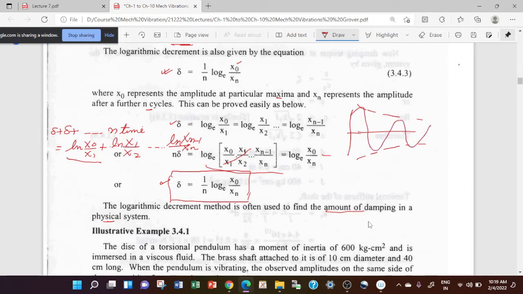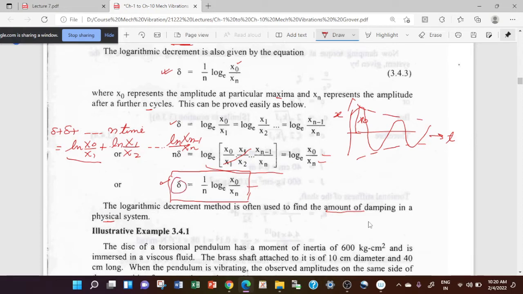From this graph, this is your amplitude and this is your time here. From this graph, you can find the amplitude x naught here, and after n number of cycles you can find xn, and then you can apply this formula and find the delta here.